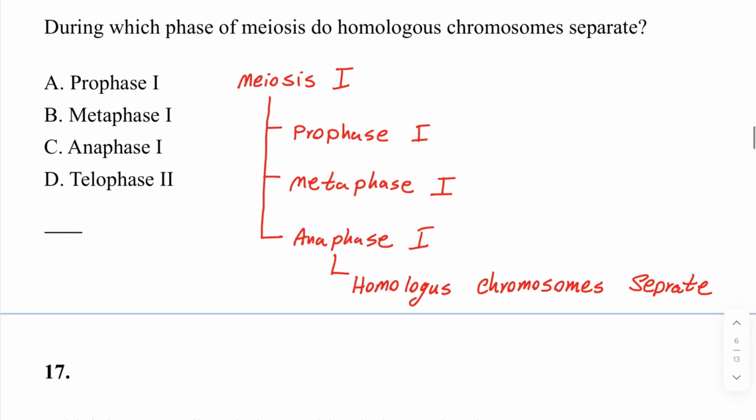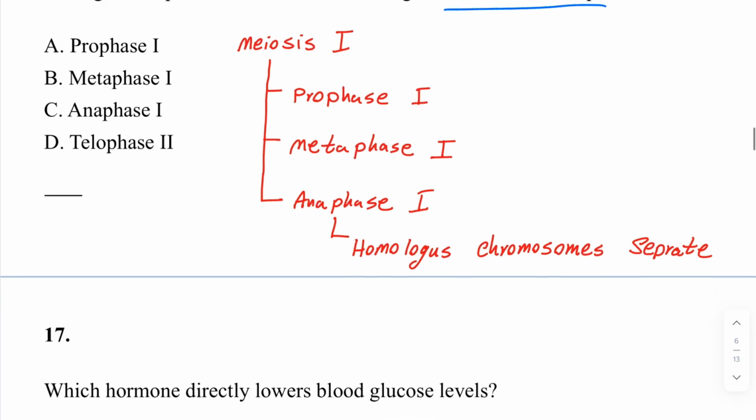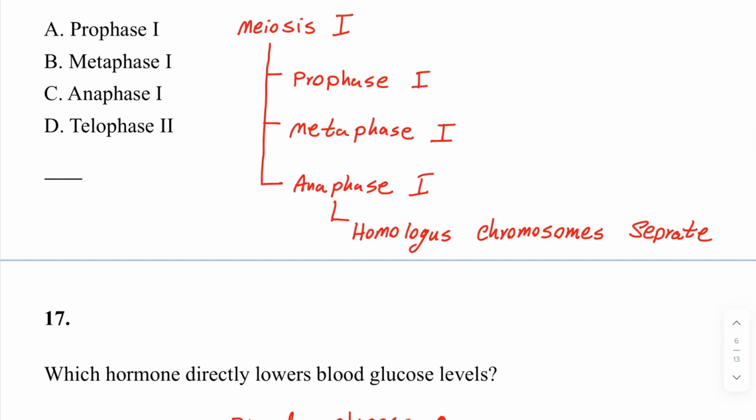So, number 16. During which phase of meiosis do homologous chromosomes separate? A. Prophase 1, B. Metaphase 1, C. Anaphase 1, and D. Telophase 2. Meiosis consists of two major divisions.